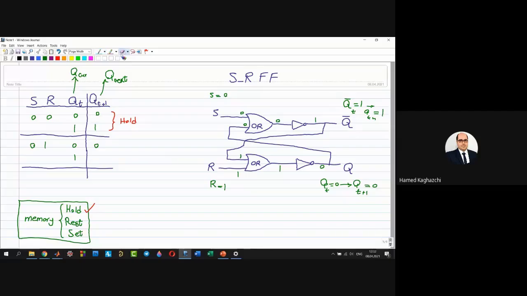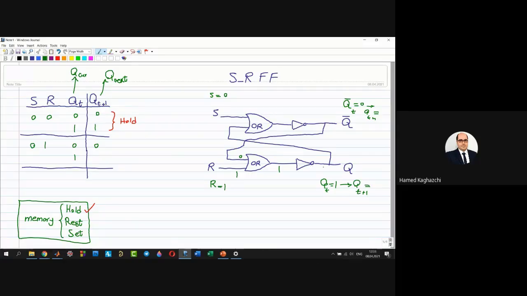Now, look at here. I clean all of these values. Again, if I set it, if I suppose that Qt is 1, now Q bar t is 0, here is 0, here is 1. 0, 1, 1. 1 as input of NOT.